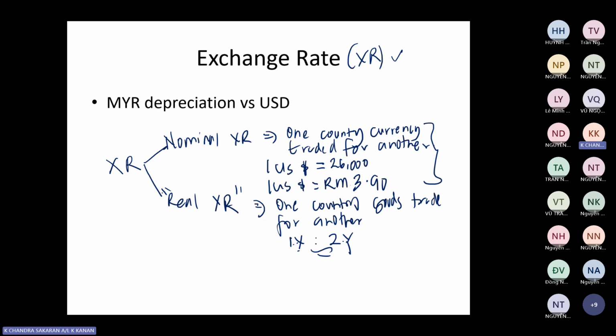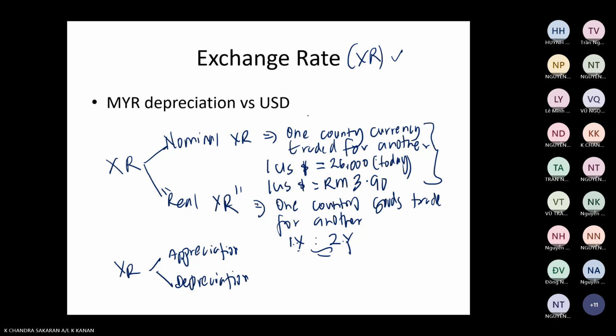When you talk about exchange rate, we need to know the difference between appreciation and depreciation. What's the difference? Appreciation: the country's currency becomes stronger. That means $1 is 26,000 dong today.